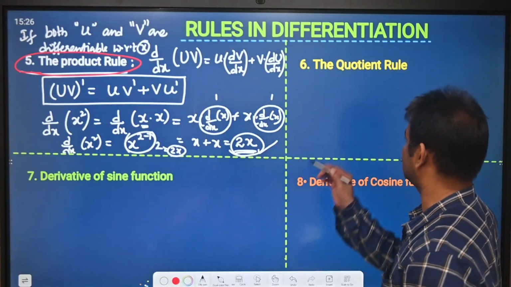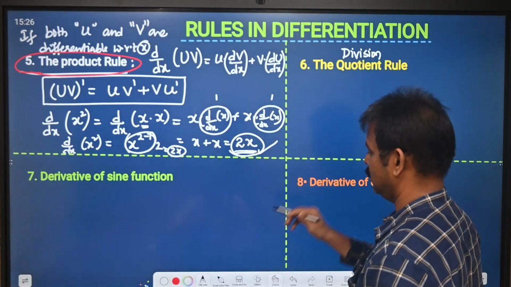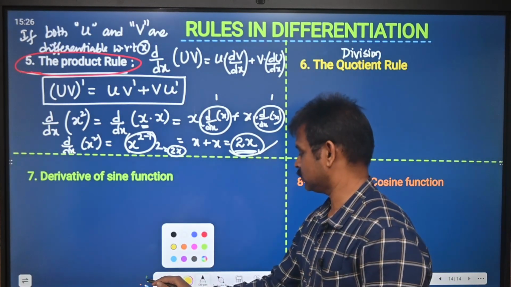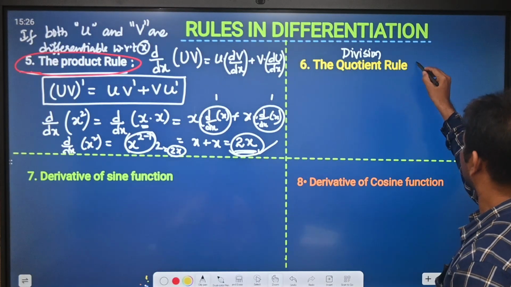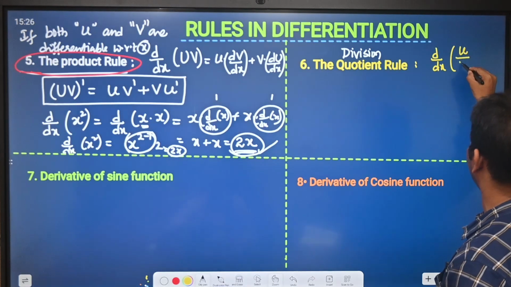Now the quotient rule, also called division rule. In division rule, students, d by dx of u by v.